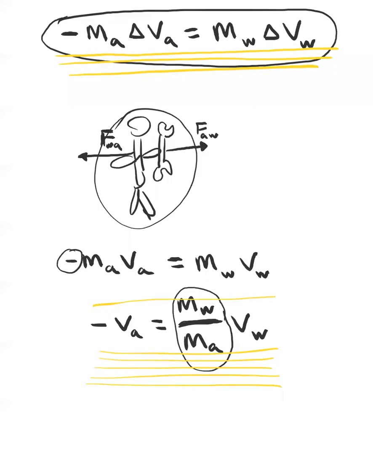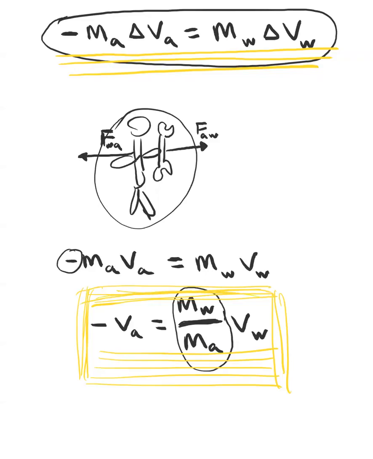Now, a very important point about this is that we didn't really have to specify anything about the forces. We didn't know what kind of forces there were, what the formula was, how big the forces were, for how long the forces acted. We had none of that information, but still we were able to deduce that the change in velocity is inversely proportional to the mass.